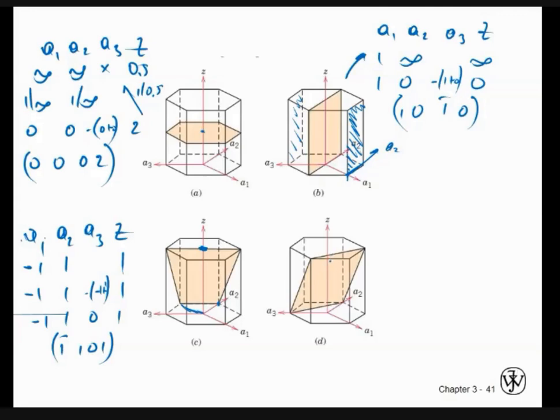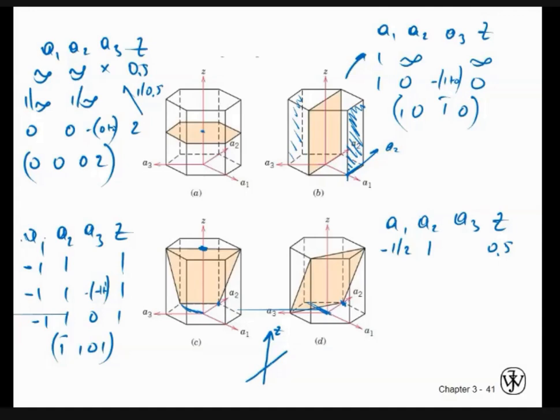For this last one, A1, A2, A3, and Z axis. So this intersects the A1 axis at the negative side, negative half, 1/2. It intersects A2 at +1. It intersects the Z axis at 0.5. If you pay attention, this is my plane, and that is the Z axis over here.